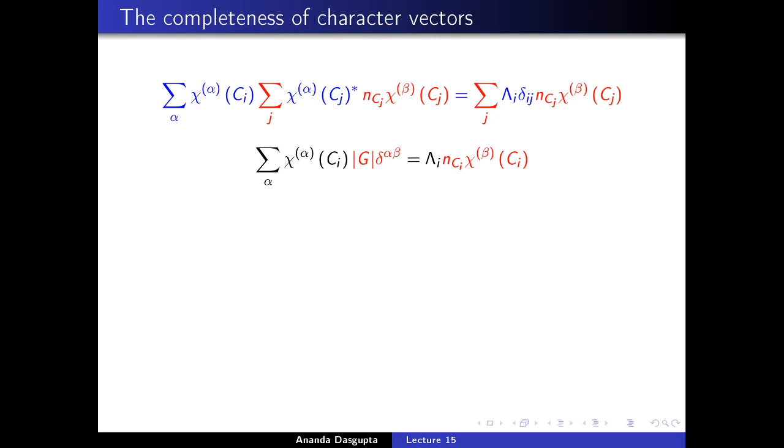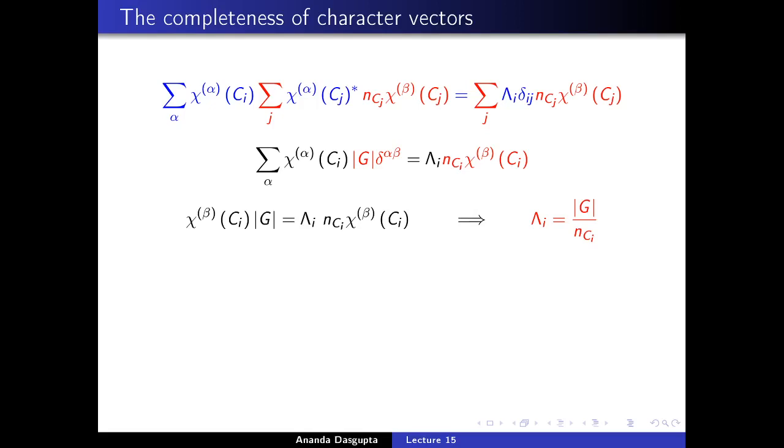Now the summation over alpha is again trivial because of the delta alpha beta, and you end up with chi beta ci times mod g is simply lambda I times nci times chi beta ci. And now you can simply cancel out the chi beta ci from both sides and you are going to end up with the result that lambda I is mod g by nci.